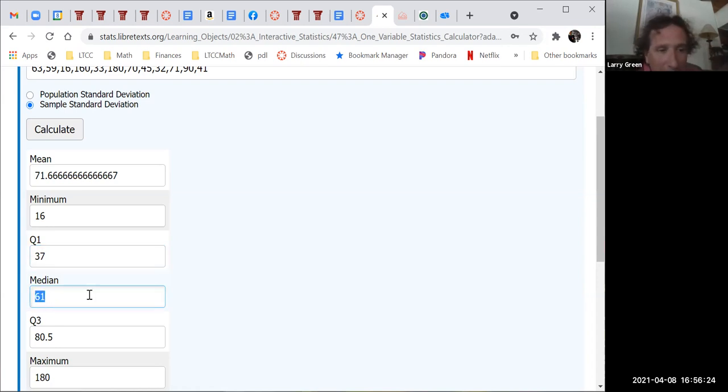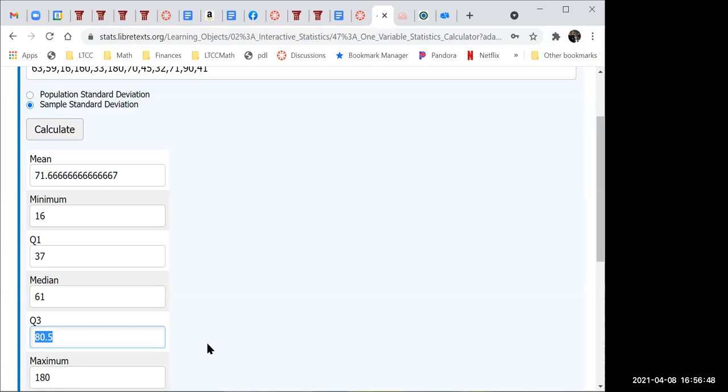The median is 61, and we've talked about the median already. That means half of students have taken less than 61 units and half have taken more. Okay, what do you think Q3 is? Any guesses? 75th. Yep, that's the 75th.